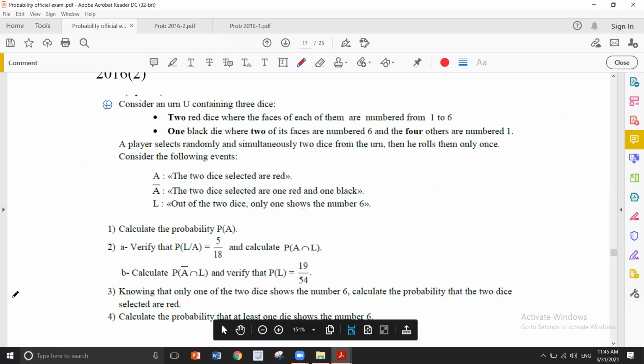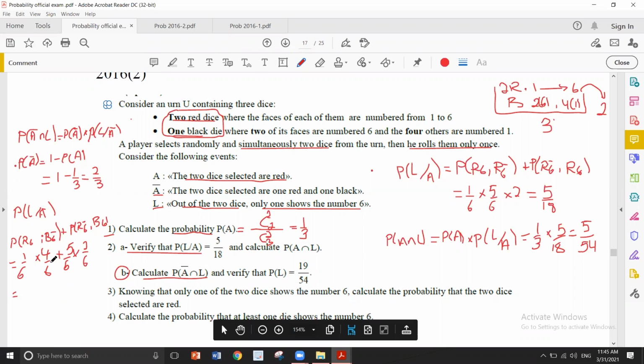You get 14 over 36, which equals 7 over 18.